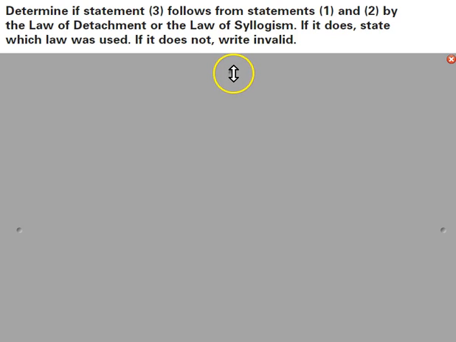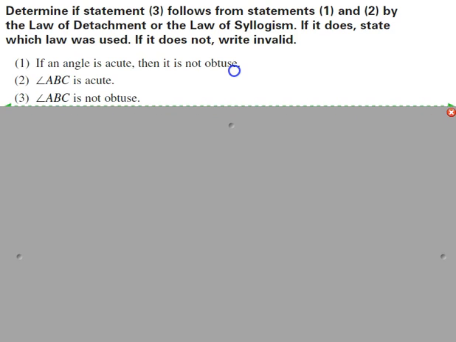We need to determine if statement 3 follows from statements 1 and 2 by the law of detachment or the law of syllogism. If it does, state which law was used. If it does not, we need to write invalid. So for this first example, it states that if an angle is acute, then it is not obtuse. Then we're told that angle ABC is acute.